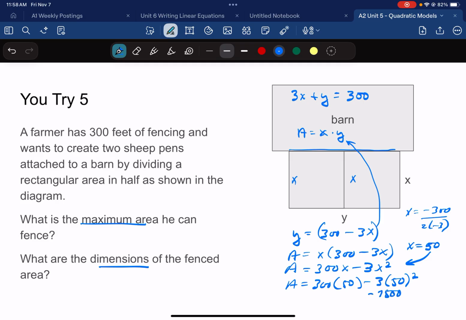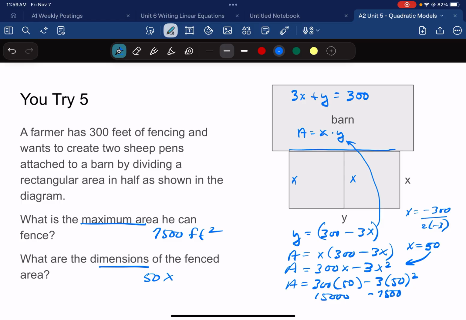And the other is 300 times 50, which is 15,000. And I subtract 7,500 from that. And so the maximum area to be fenced is 7,500 feet squared.